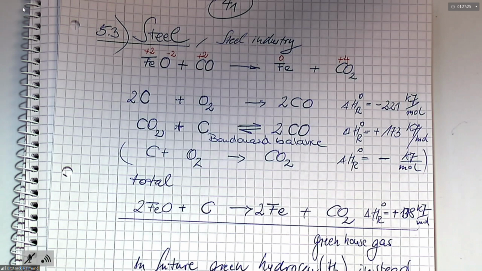Only at that very high temperature, it needs a lot of energy. The enthalpy is positive, which means endothermal. Only in this case can it react to form CO, which is again needed for the reduction of the iron oxide.